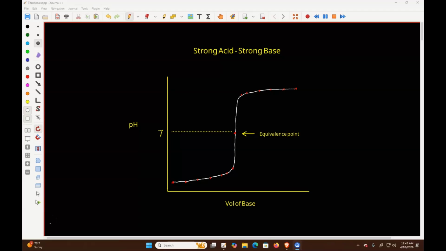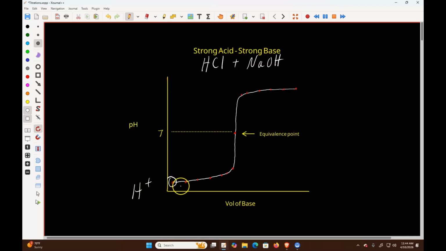So here I'm showing a strong acid, strong base titration curve. For the strong acid, let's say there's maybe HCl, and the strong base is sodium hydroxide. Starting off here, this point indicates the H+ concentration with no OH- being added.